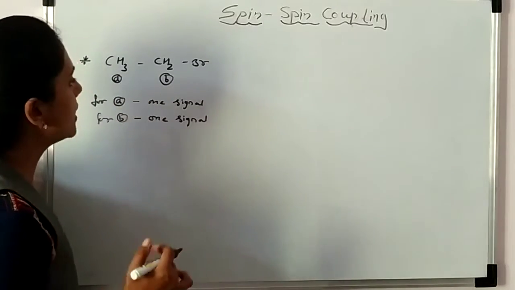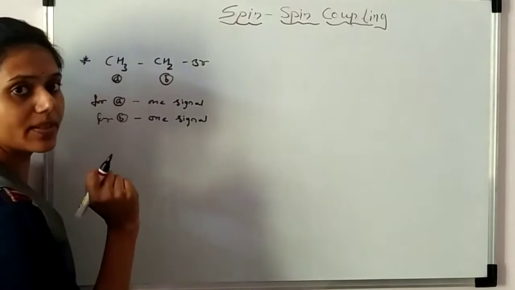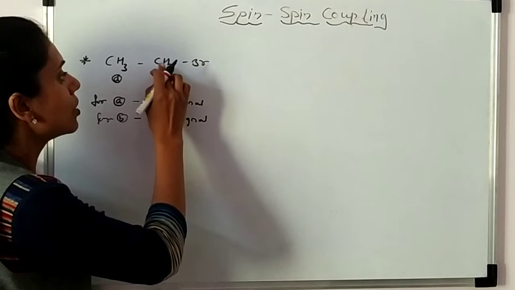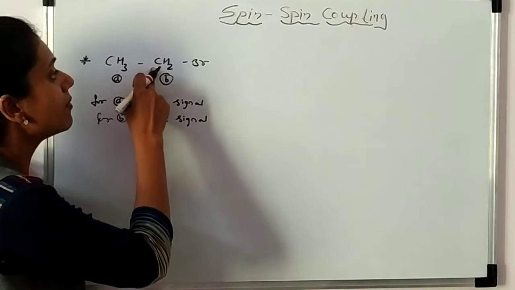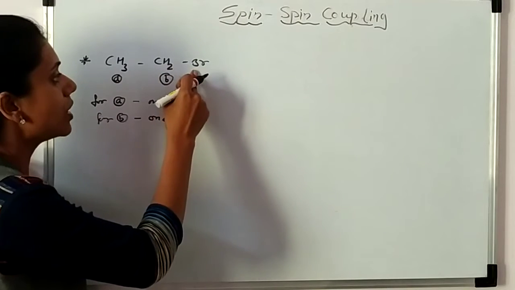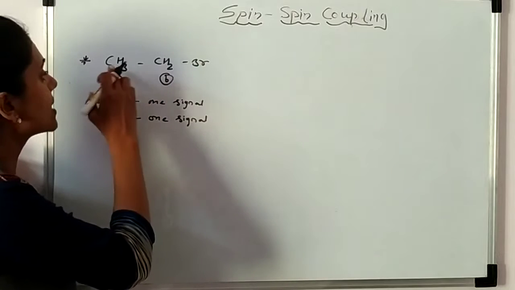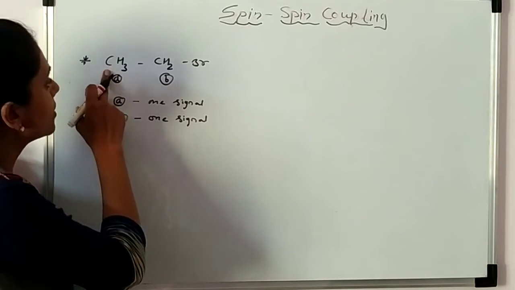When we study this NMR spectrum, it is sp3 hybridized. These protons are attached to a carbon atom which is directly attached to an electronegative group, so it gets de-shielded as compared to this one.